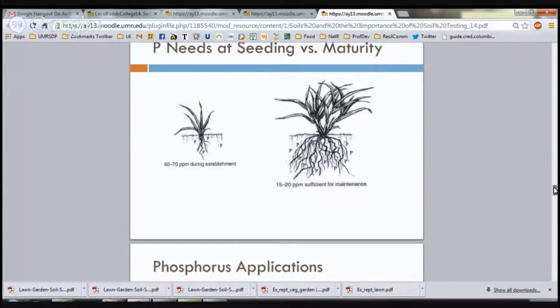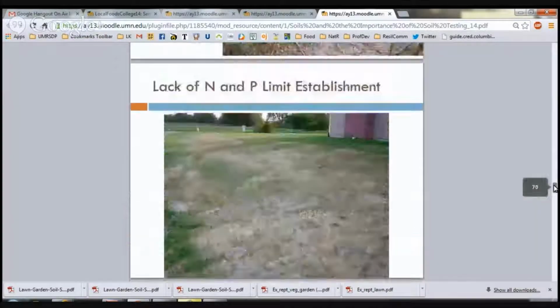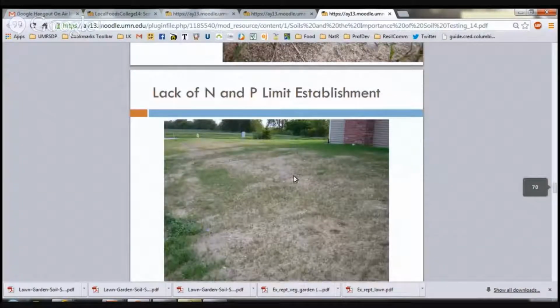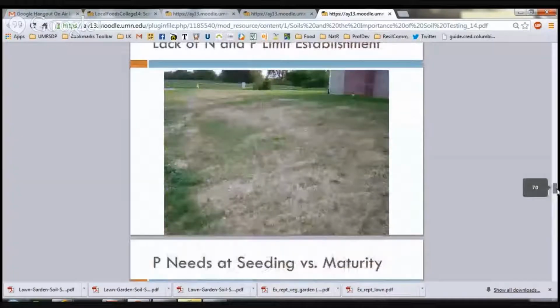I'll go back and show you some phosphorus deficiency here. You get the general purpling of the leaves, and you can see purpling of the leaves here. This was a new home lawn that was built. This is the side and the back of the yard. I don't know if you can tell very well, but me being a soils person, the first thing I notice in this picture is all the gravel.